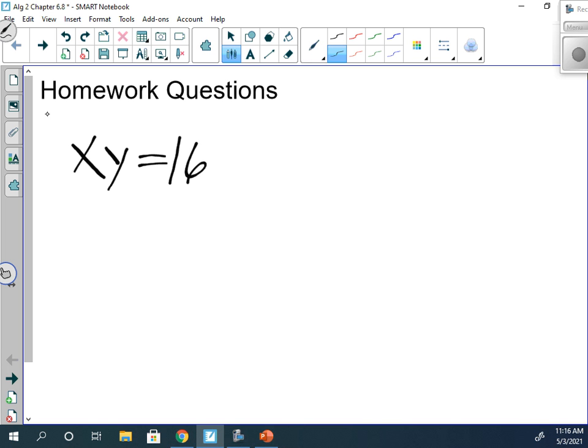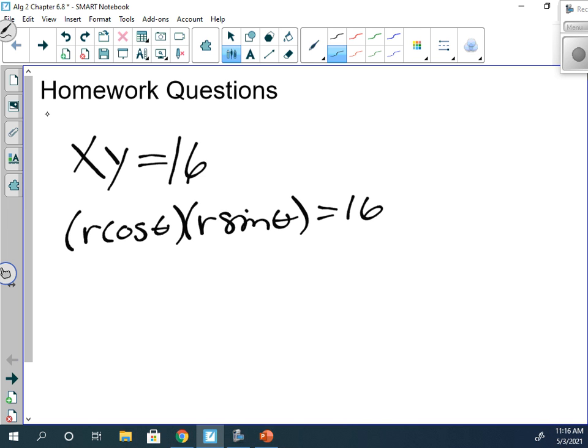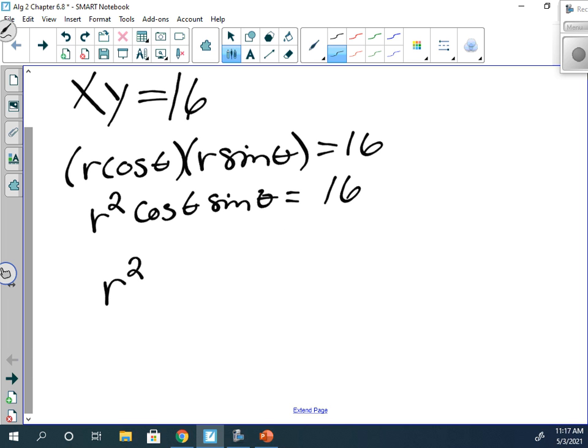We'll look at this one here. And I won't make you do some of these here. It's complicated. xy equals 16. Well, this would be r cosine of theta times r sine of theta is equal to 16. Yep, we'll move to the other side.